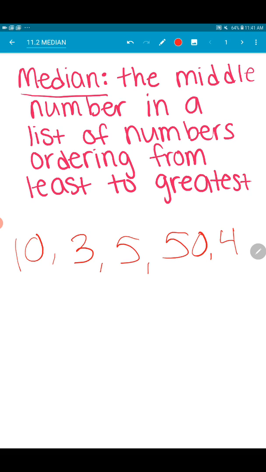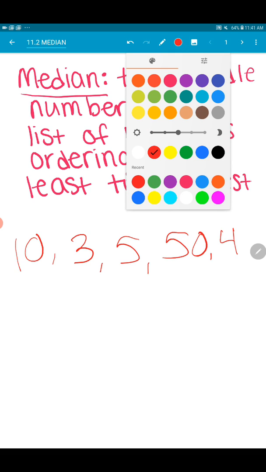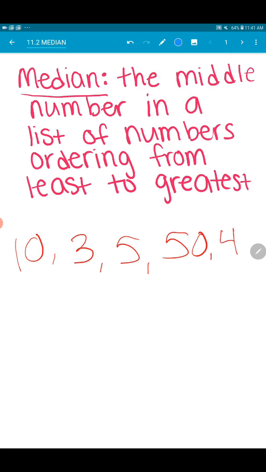So first, is it in order from least to greatest? No, it is not. So my first step is to order these numbers from least to greatest. And I like to cross them off again. So my lowest number is 3, so I'm going to cross that off so I know I used it. My next is 4, cross it off.